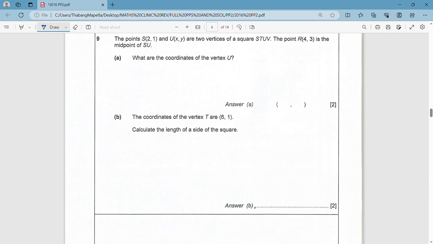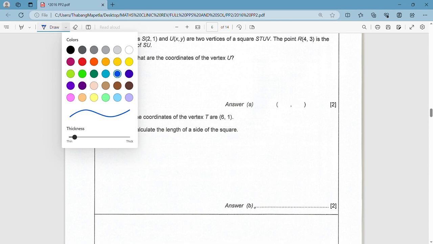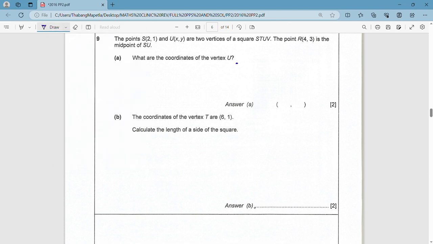Question number 9 says that the point S which is (2, 1), and U which is (x, y), are two vertices of a square STUV.